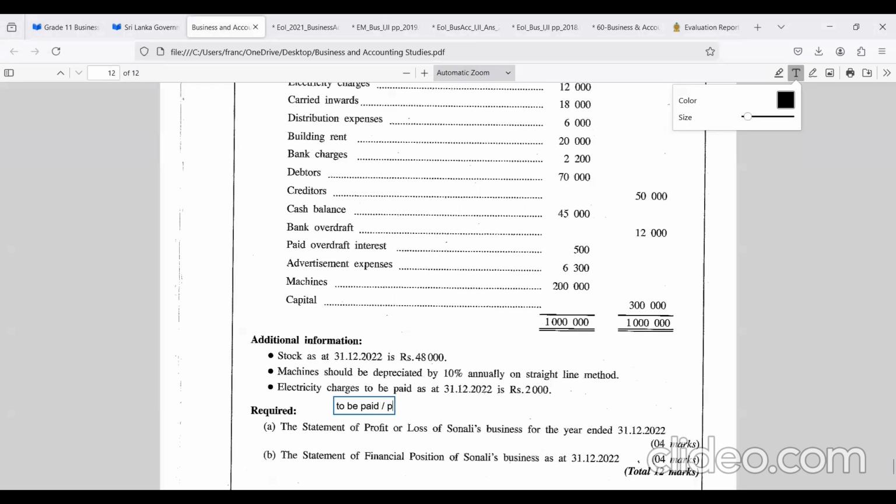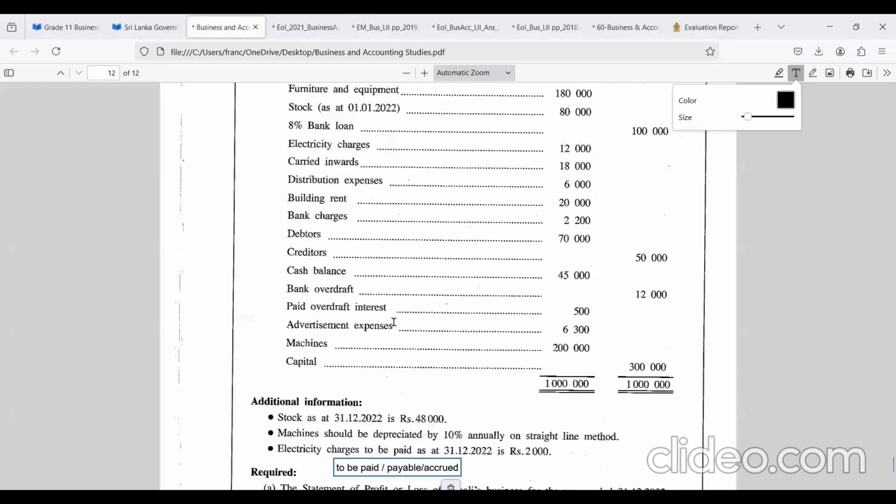What is meant by to be paid? Payable, accrue, right? Now the examiner will confuse you by giving new words like payable, accrued, right? So that is happening in the exam, right? To be paid means payable, right? So remember, to be paid means payable, right?